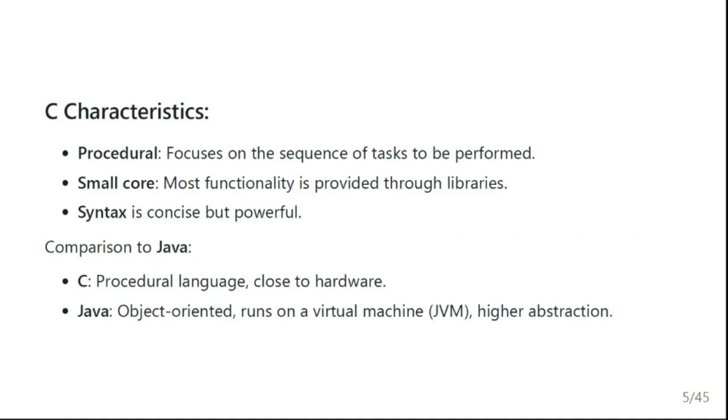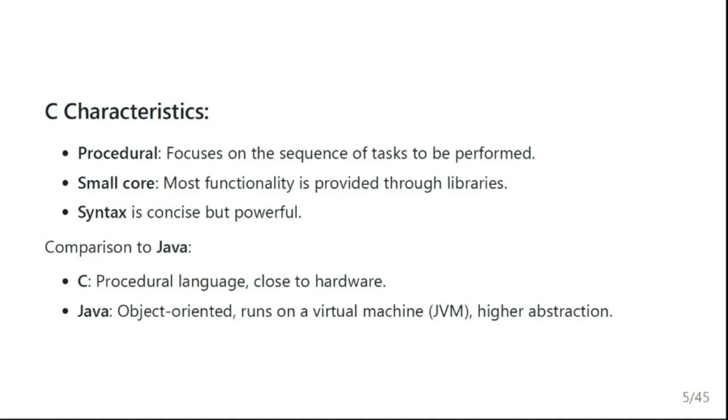Comparing to Java, they have some similarity, but C is more coded to the hardware level, while Java is based on wanting to make a program that is usable on any platform, right? To achieve that, rather than build different compilers, just like C did, for every different hardware, C needs a different compiler.